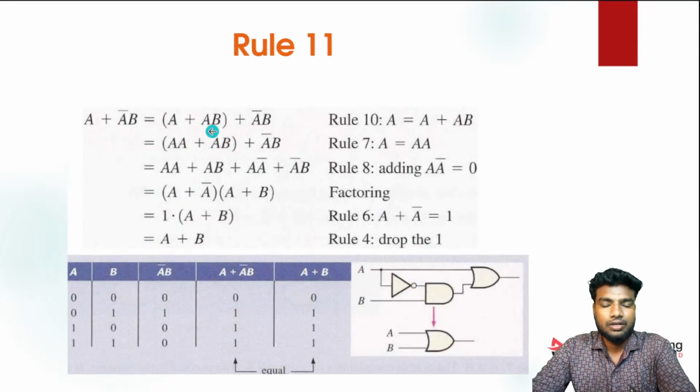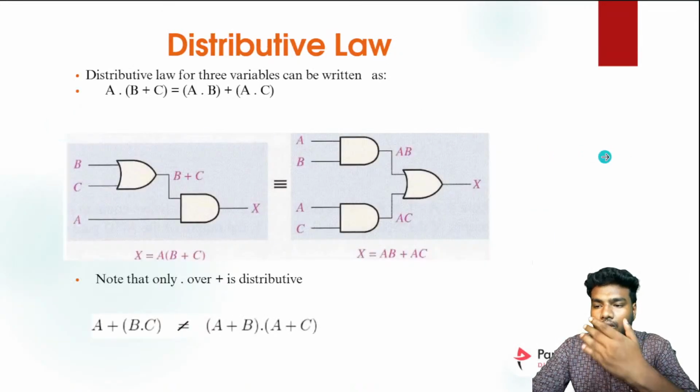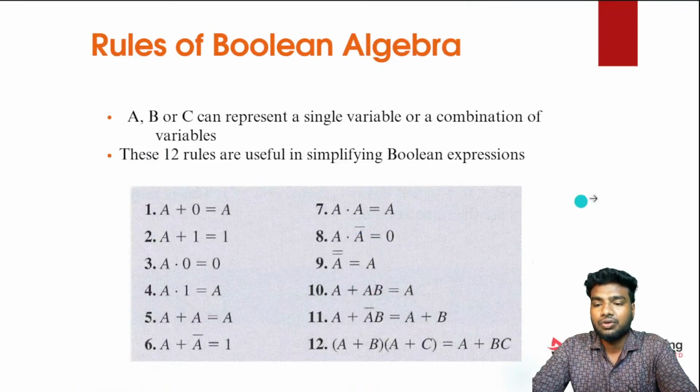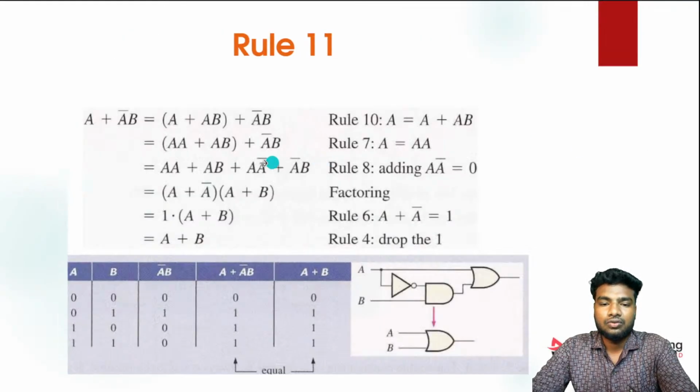And then I can also write a equal to a into a, as you can see in the seventh rule, a dot a is a. So I write this a as a into a, and then I add the extra a into a bar, which means 0. A into a bar, I already said, means 0.